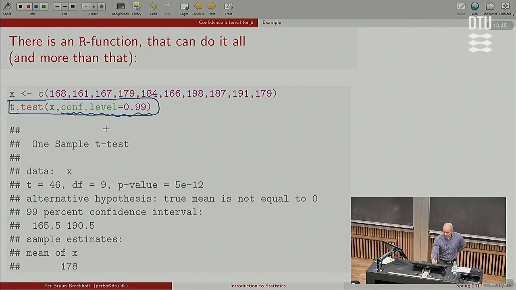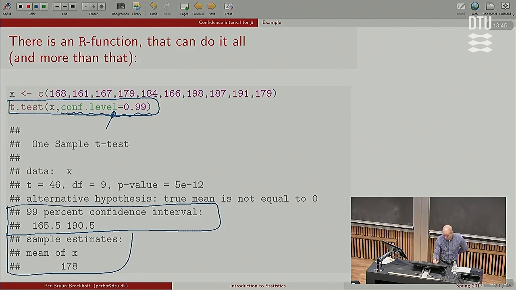But we could just ask for something else if we want, for instance 99%. And then it will give us something which you don't know yet, something that I will teach you next week. But it does give us what I just taught you, this one, and of course the mean also. So it just makes the computations for us like that. Nice.